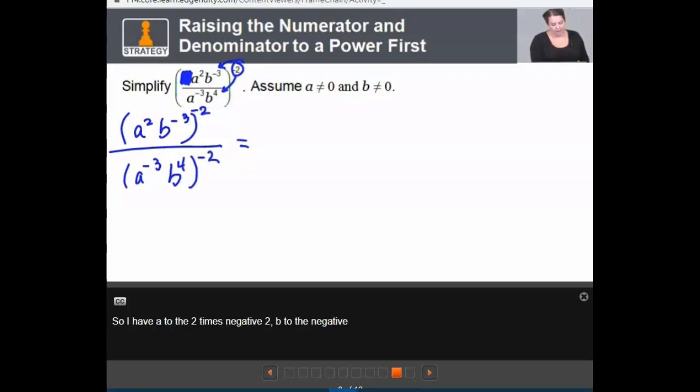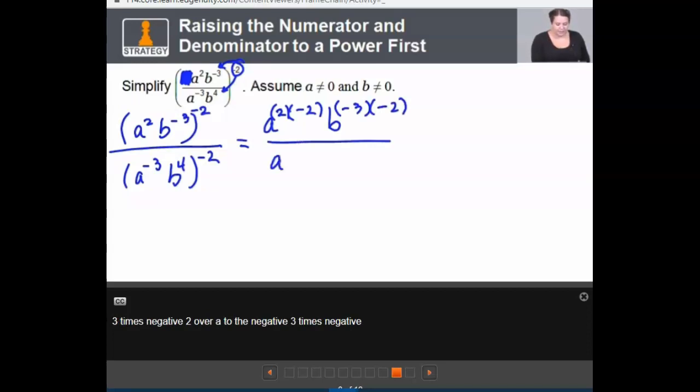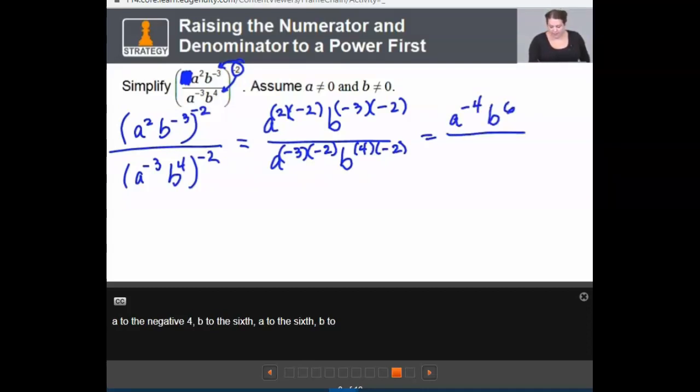So I have a to the 2 times negative 2, b to the negative 3 times negative 2, over a to the negative 3 times negative 2, b to the 4 times negative 2. So let's just do that multiplication. A to the negative 4, b to the 6th, over a to the 6th, b to the negative 8.